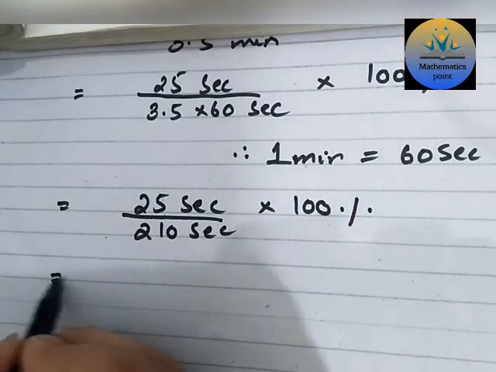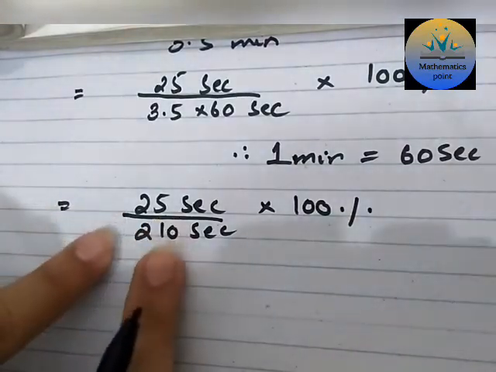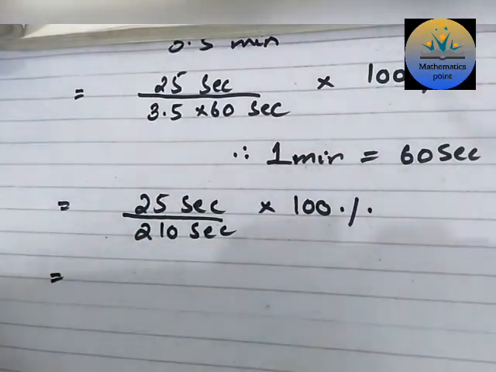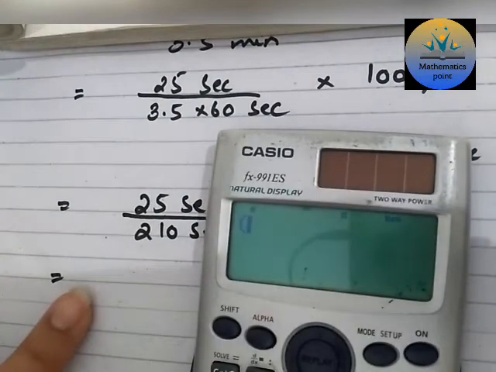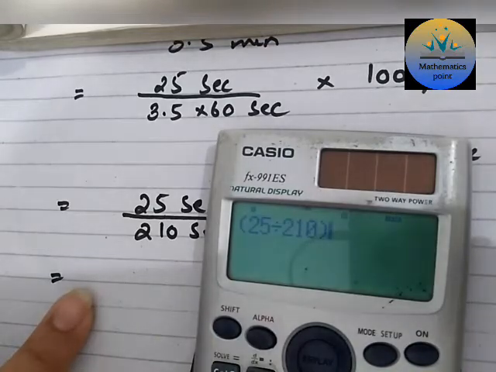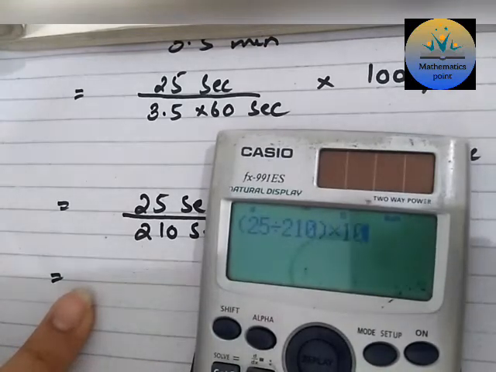Nothing more to simplify. Now do the division of these two terms and multiply by 100. I'm using the calculator, you can do it without the calculator. So 25 divided by 210, multiplied by 100.